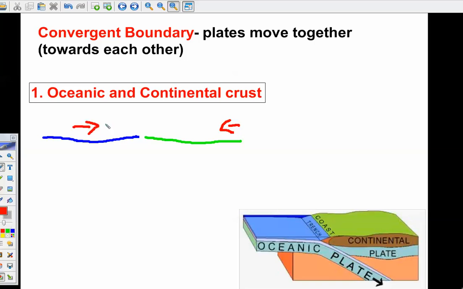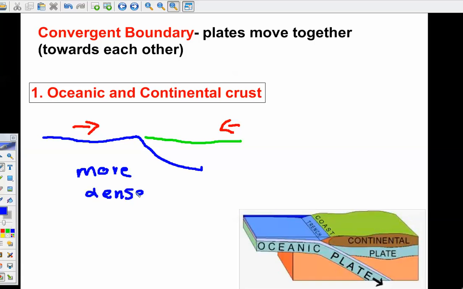And over time, as they push towards each other, what will happen is that the oceanic plate will actually go under the continental plate. And if you remember from your reading, this is called subduction. It is subducting under. The reason that it subducts is because oceanic crust is more dense than continental crust.